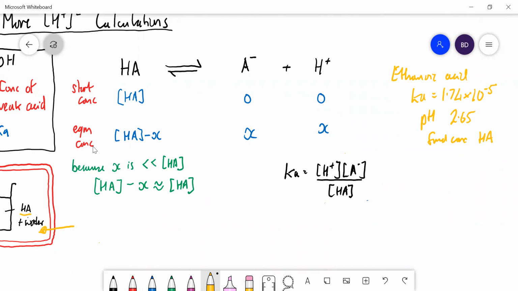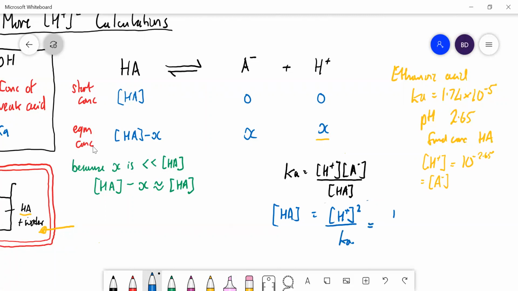Okay, so do we know the concentration of H plus? We do, because it gives us the pH. So we know that H plus, which is also equal to A minus, of course, is equal to 10 to the power of minus 2.65. And we know the value of Ka, so we want to find HA, so let's rearrange this equation. So we get HA is equal to H plus squared divided by Ka.